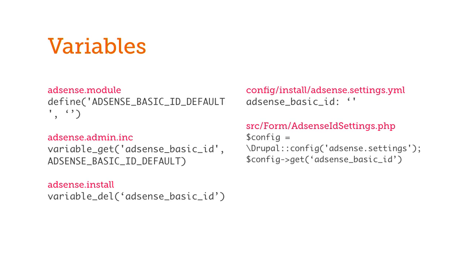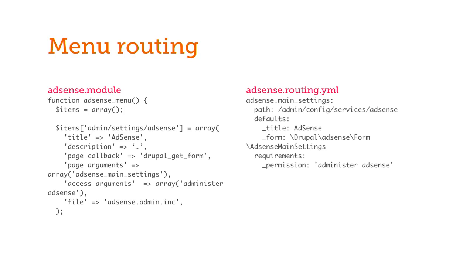In this case, it's an empty string, and then you just get it with a somewhat more verbose function, where first you initialize a config object that will contain your settings, and then from that config object you get the variable itself.